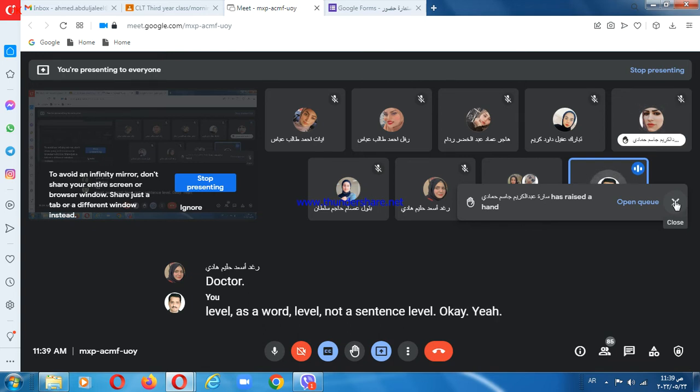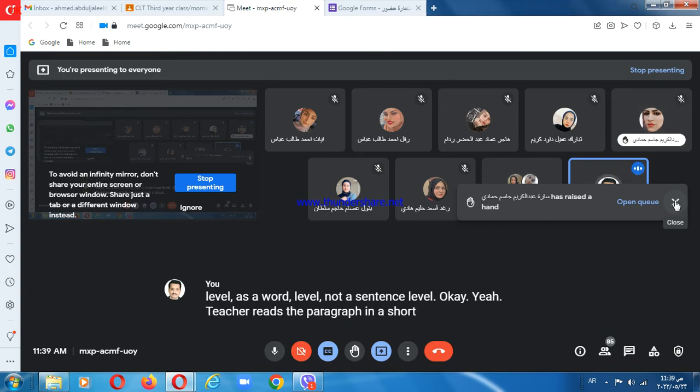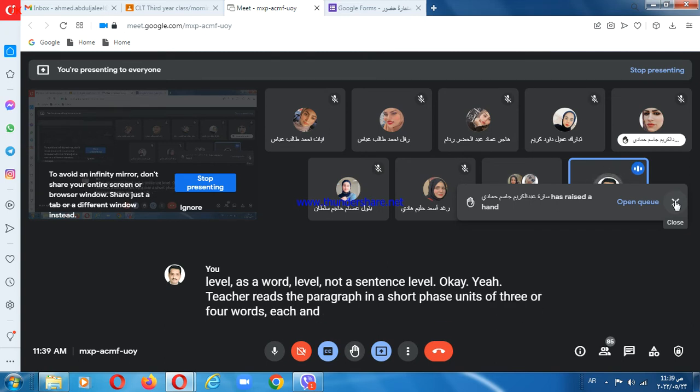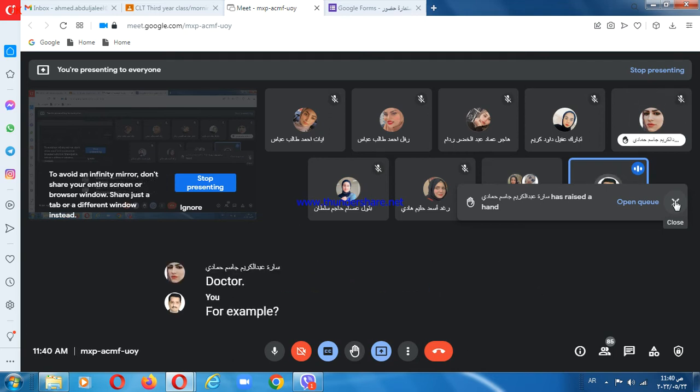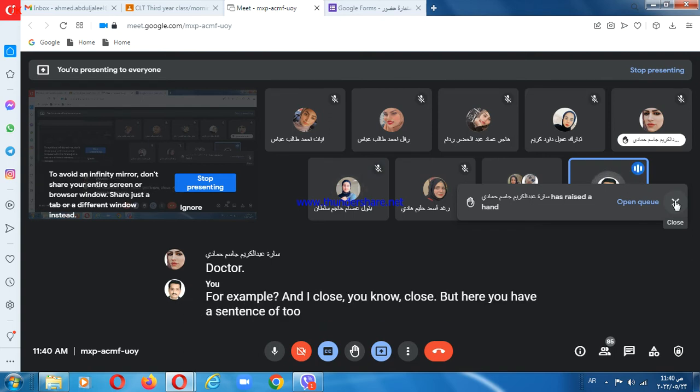The teacher reads the paragraph in short phrase units of 3 or 4 words each, and each unit is followed by a pause. What do you mean by a unit? For example, a clause. You know a clause? Here you have a sentence of 2 clauses, separated by a comma.